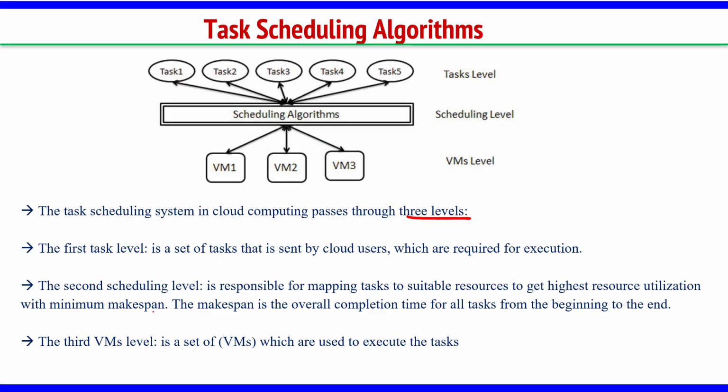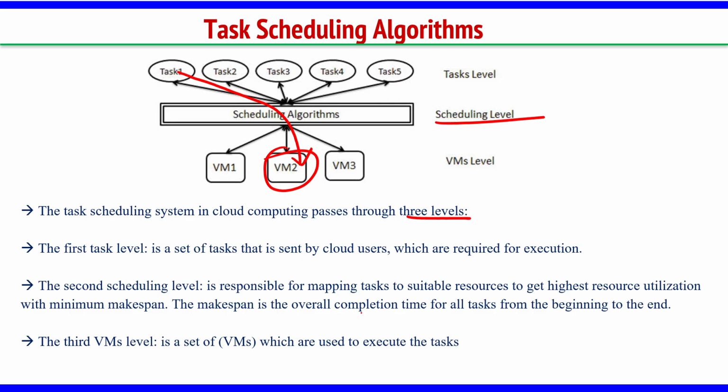The second level is the scheduling level. This is responsible for mapping tasks to suitable resources. The algorithm's job is to map each task to an appropriate virtual machine based on the requirement and the capacity of the virtual machine, to get the highest resource utilization with minimum make span. What is make span?